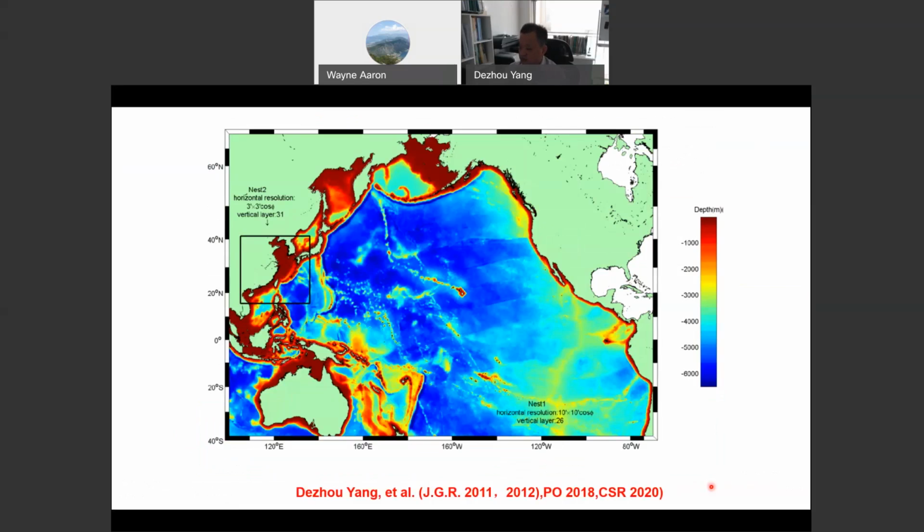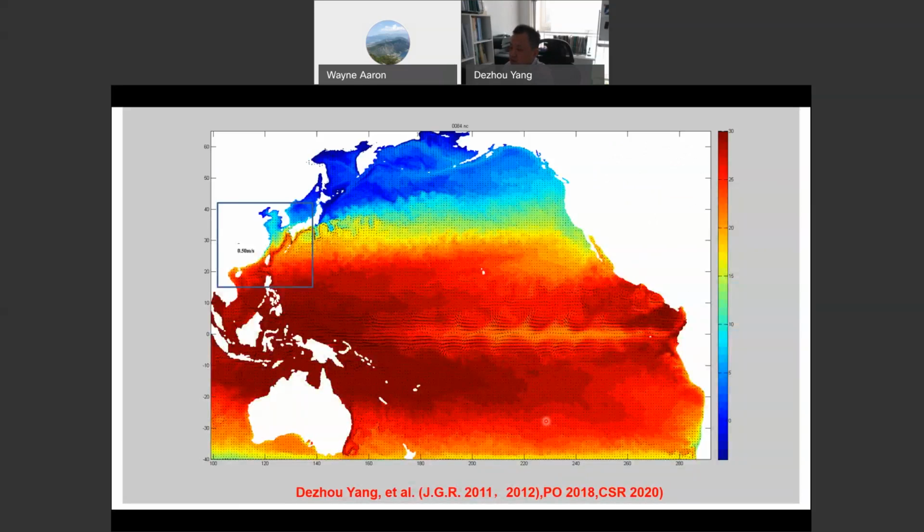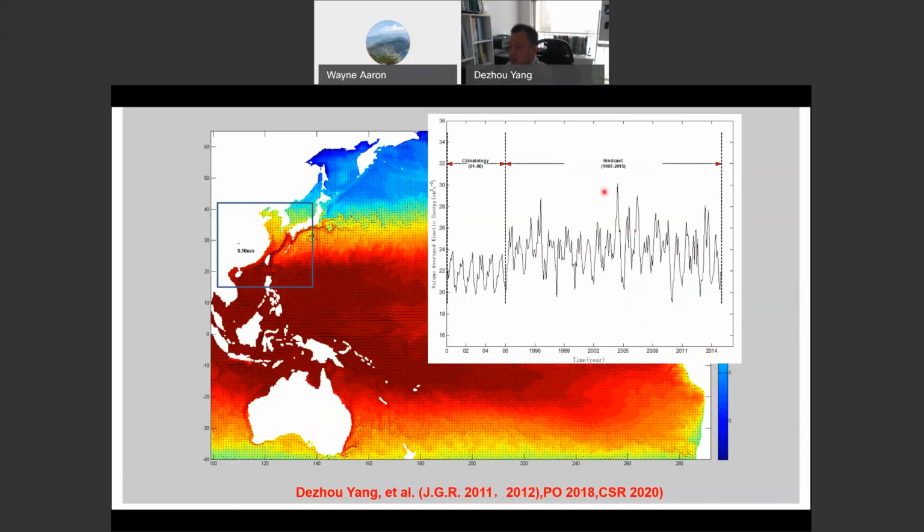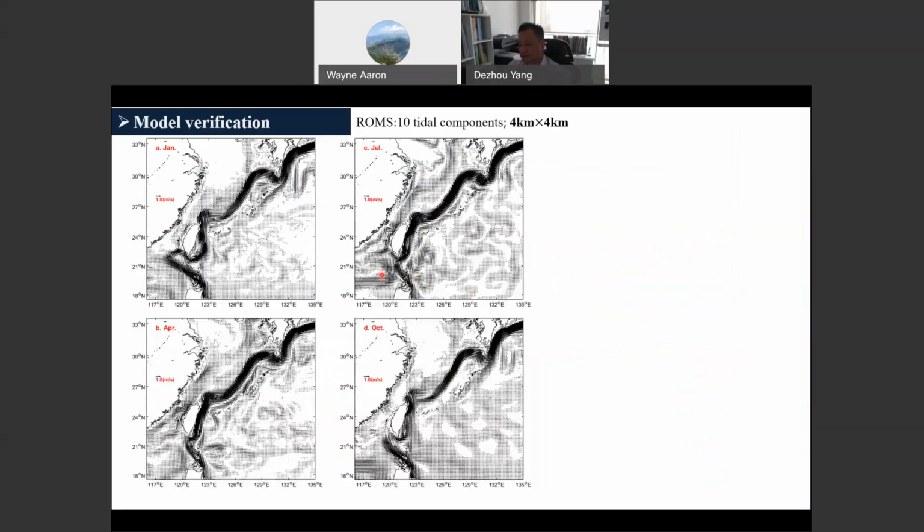We set up a numerical model, and we ran this model for 10 years of spin-up and a 30-year hindcast run. The model result can well reflect the circulation pattern in this area.